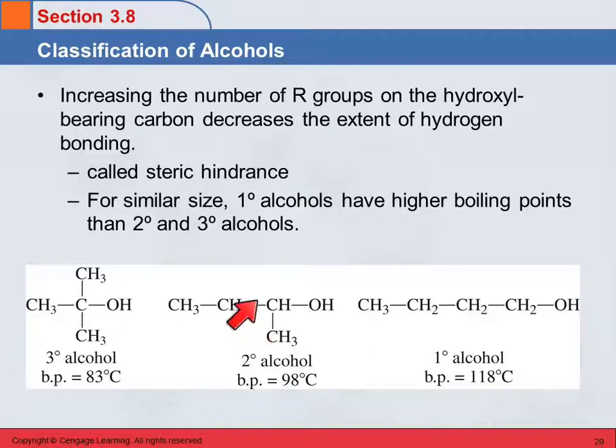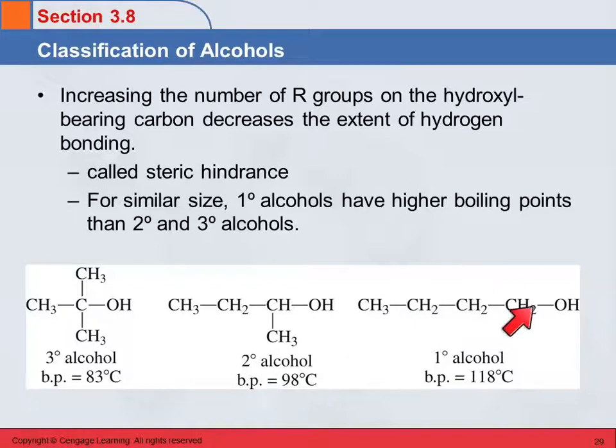And when we start to branch this chain, this one's secondary and this one's tertiary, same number of carbons, now things start to get kind of bunched up, and this has more of a ball shape than this one does. And so that affects the intermolecular forces and causes differences in their boiling points.